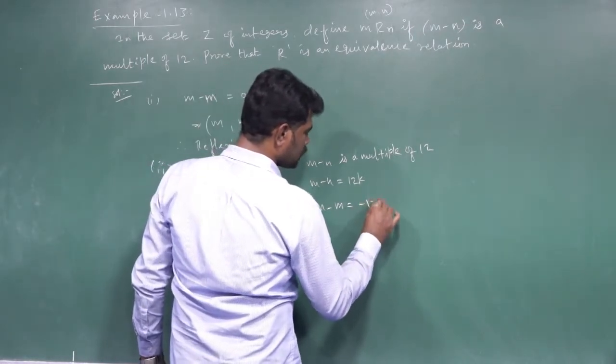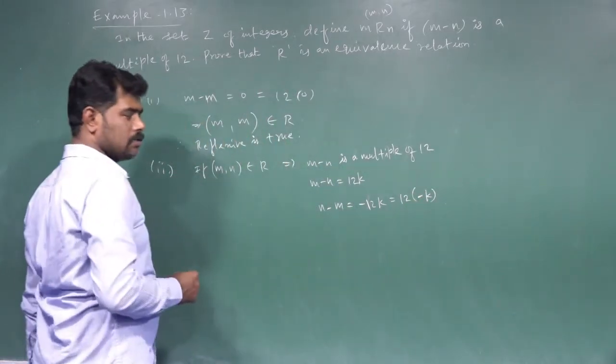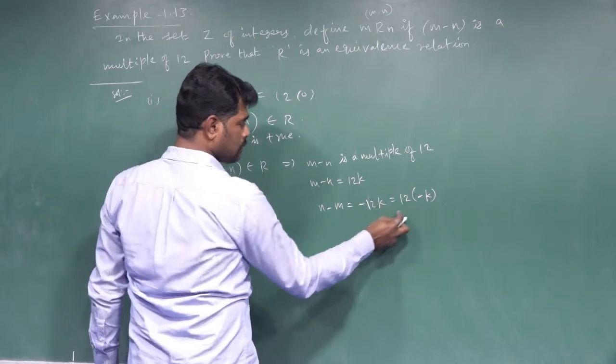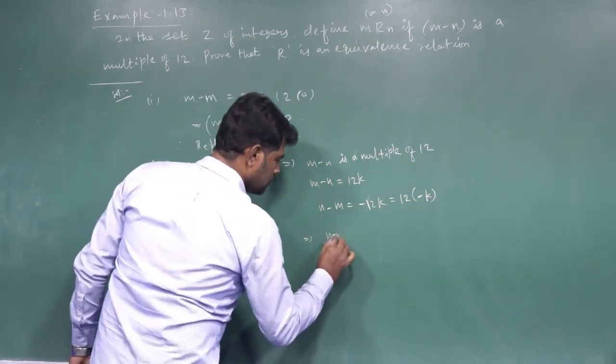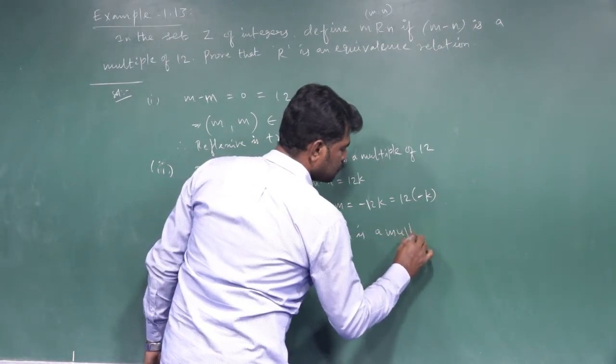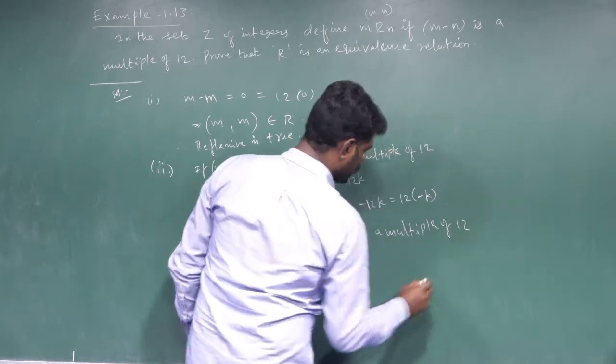Now we can take this as 12 into minus k. So this is also nothing but a multiple of 12 only. n minus m is a multiple of 12.